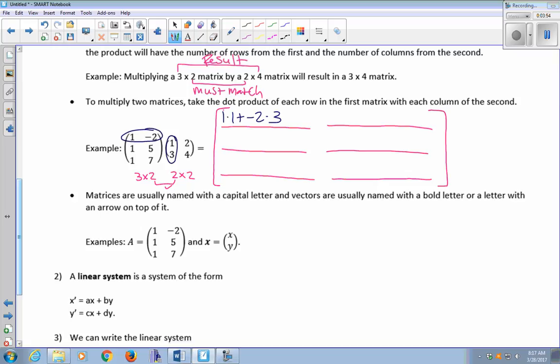And because I was multiplying the first row times the first column, the result goes in row 1, column 1 of the answer matrix. So next, I'm going to multiply first row times the second column. That should go in the first row, second column of the answer matrix. So it's going to be 1 times 2 plus negative 2 times 4.